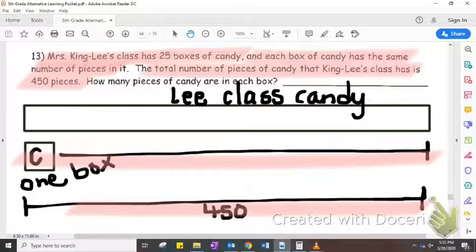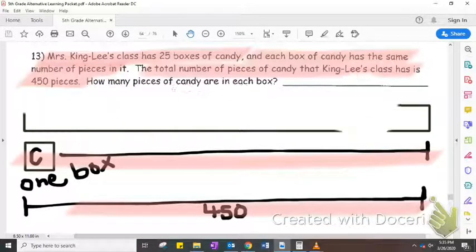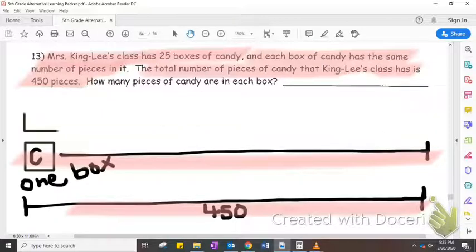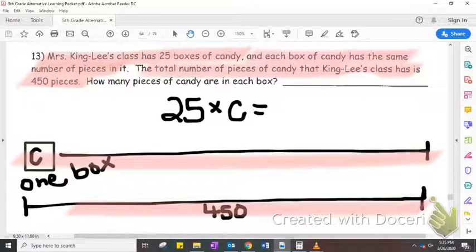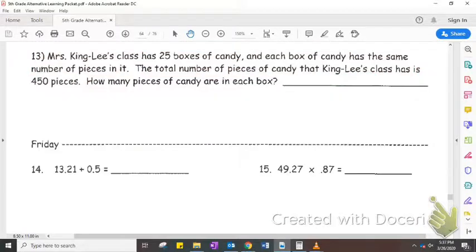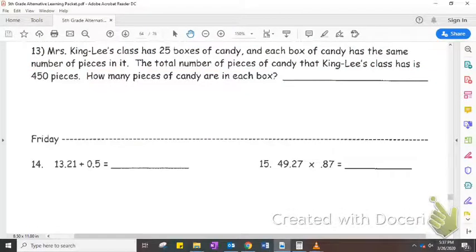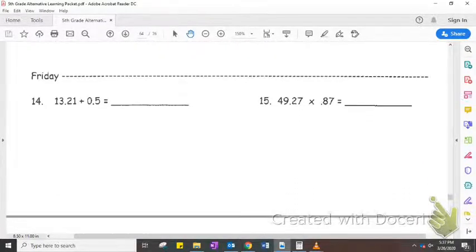I'm going to write this somewhere else because it's hard to see. Maybe right here. 25 times C is equivalent to 450. There we go. Again, in 5th grade, you don't have to solve. That is 6th grade.